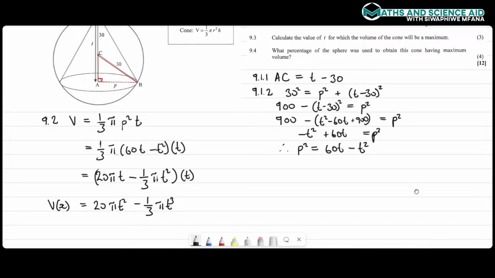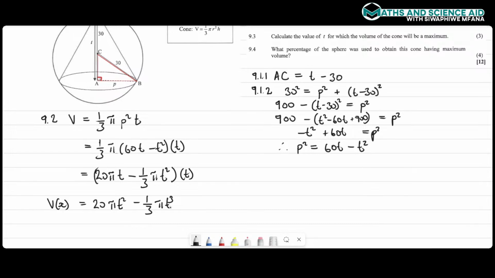However, this time around, we've got a cubic function here. You see, this volume is cubic, and this makes sense because this is a volume that we are talking about. In order for you to find a volume, you usually need to multiply 3 sides.